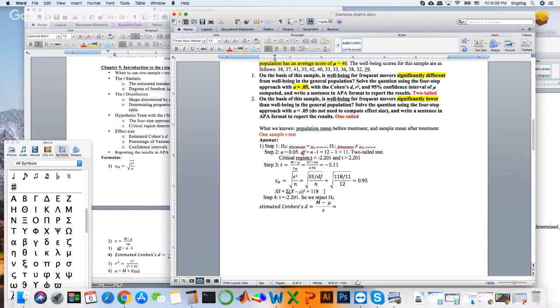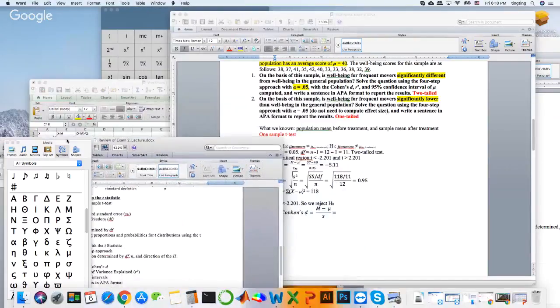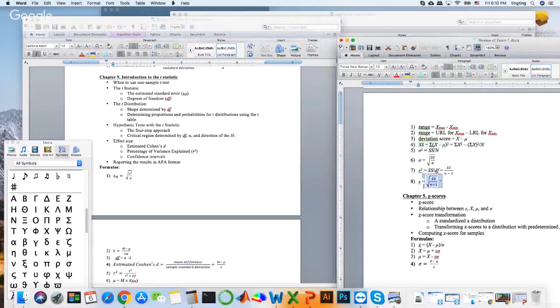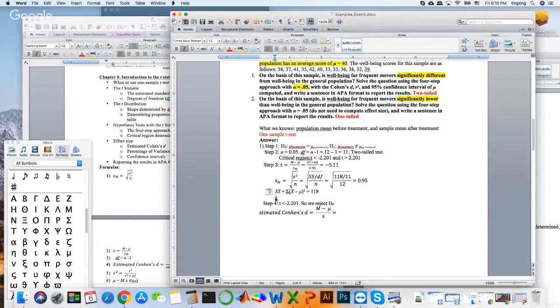We don't know the S yet. So here we need to compute the S. S is the standard deviation. Based on chapter 1, S for a sample equals the square root of SS divided by n minus 1. So let's do the computation.